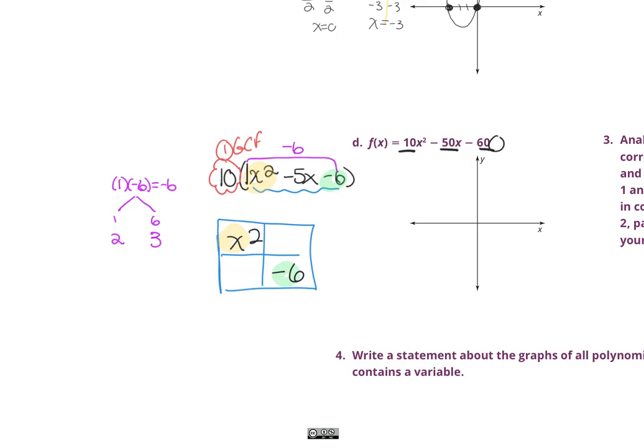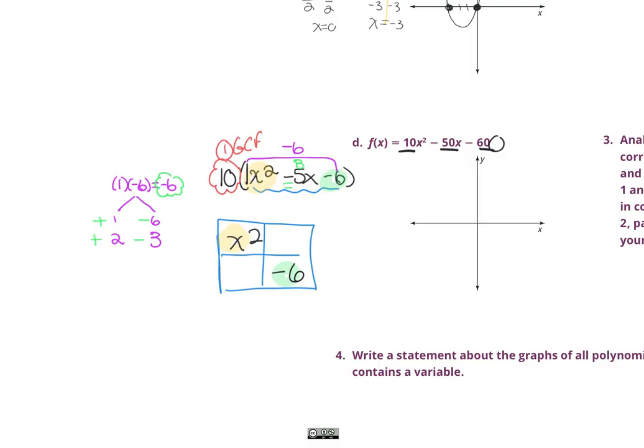Okay, so then we're going to go over here. Remember, this is my B value. B tells me the big story. B is negative, so my big ones have to be negative. And if I look, these need to multiply to be a negative, which means the other one needs to be a positive.